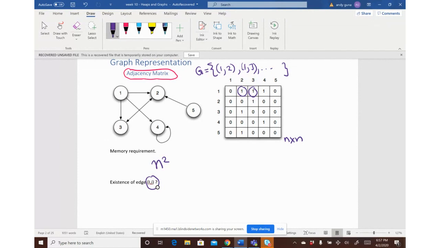Now the question is, how do you check whether in this representation the edge ij exists? Can you type something into the chat if someone knows the answer?